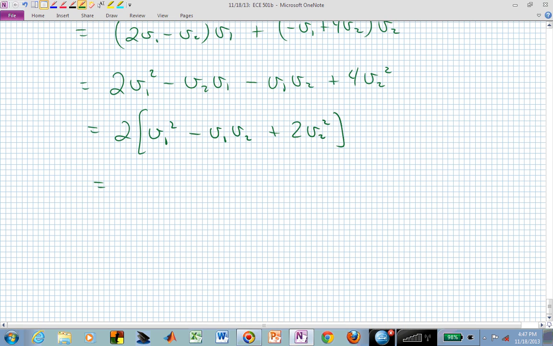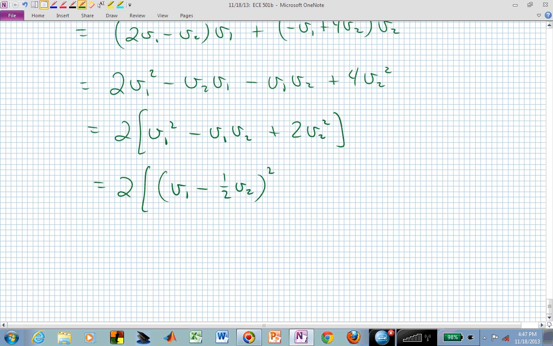But I can now complete the square, can't I? Let me just keep that 2 out front. I now have v1 minus 1/2 v2 squared. And that will give me v1 squared minus v1 v2 plus 1/4 v2 squared.